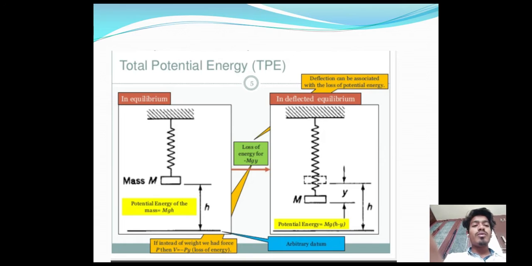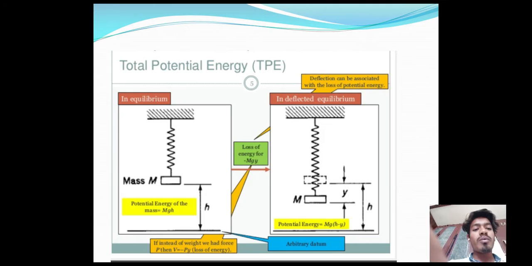So here is an example of total potential energy, where a mass is attached to a string. The total potential energy of the mass equals mgh, and the loss of energy is minus mgy, in both the equilibrium and deflected equilibrium states.